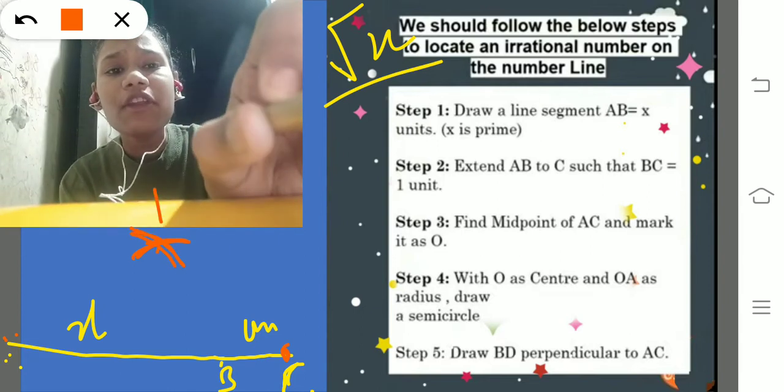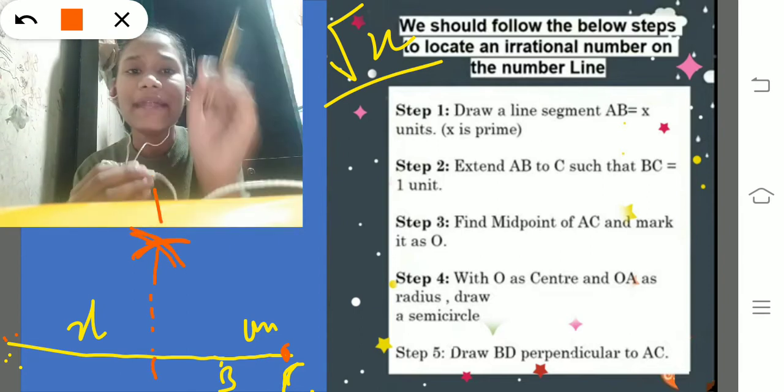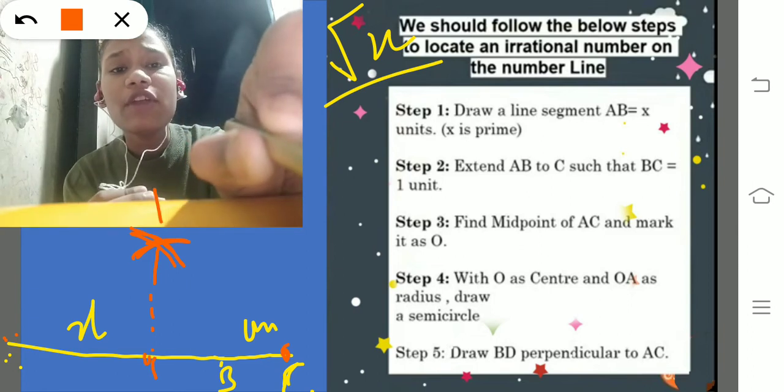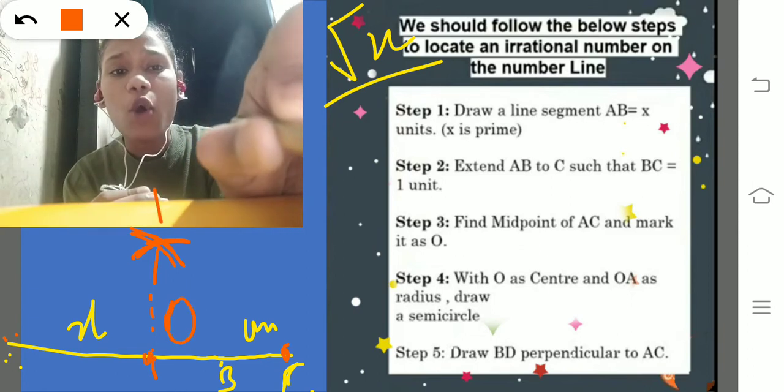Then you will find a perpendicular, and you will name that point O.